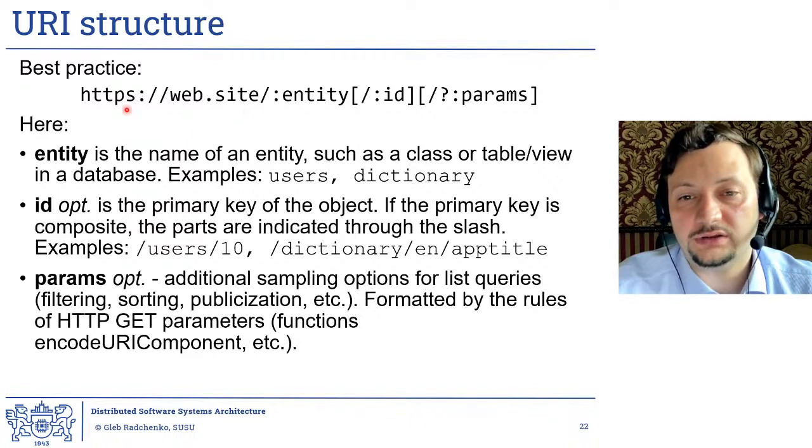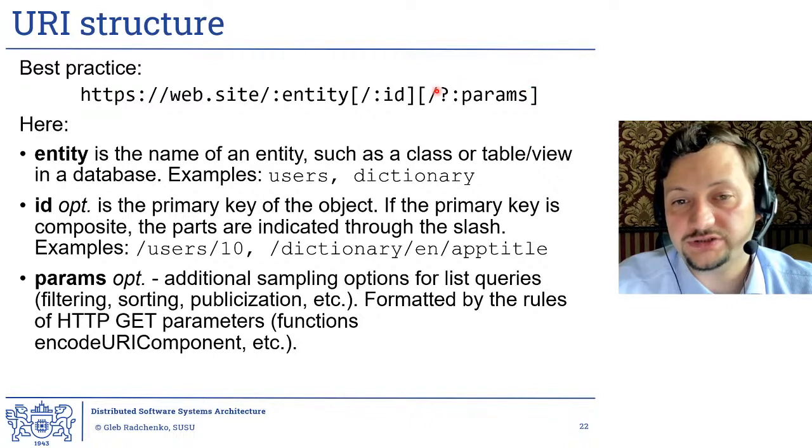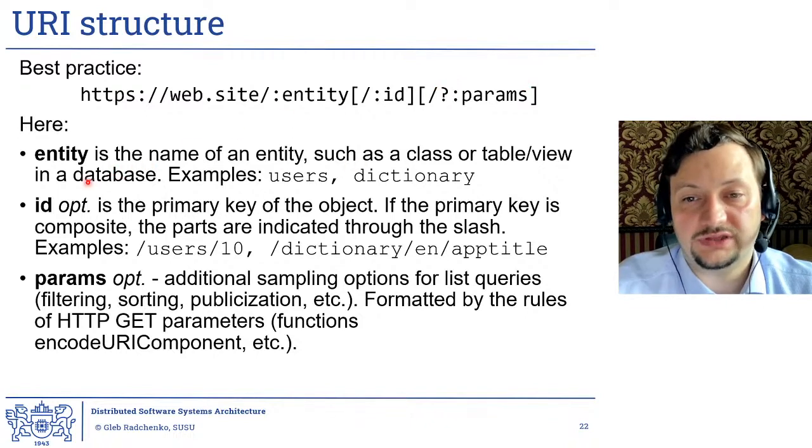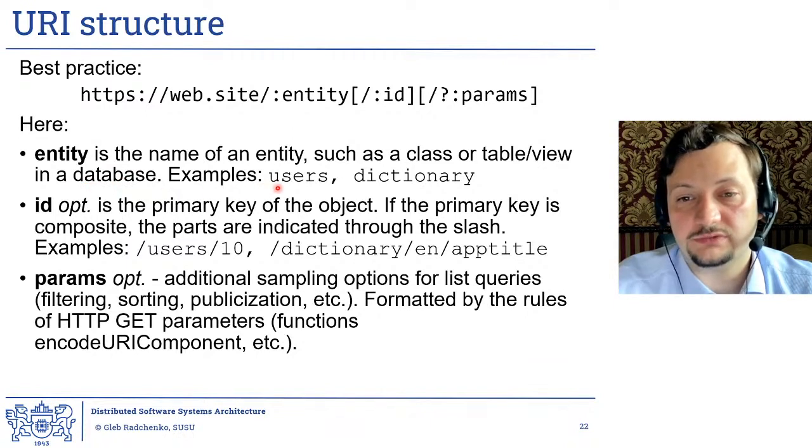After you defined your protocol and the website, you can put a port here. In the path you should define the entity that you are working with, the identifier of the entity, and maybe some parameters to the request. Entity is a class or table or view of the database, for example, users, or dictionary.